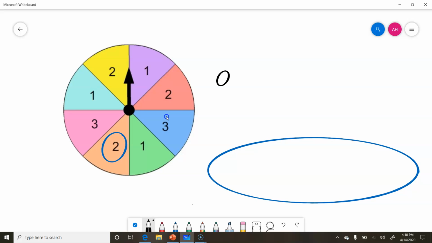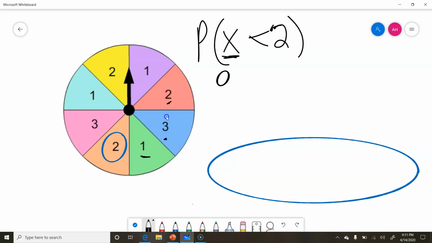So then what if I ask this question? If I said, what is the probability, so they write it as P, that the spinner's X is going to be less than 2? Okay, what's the probability that x is going to be less than 2? So now what I have to do is find over here in this chart the ones that are less than 2. Now, when it's less than, it does not include 2. So it only is going to include which one?